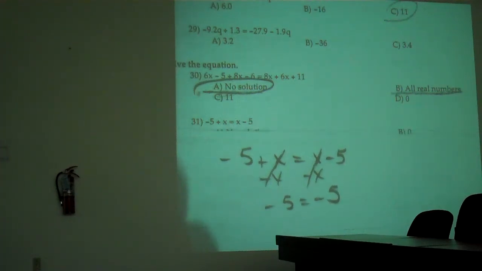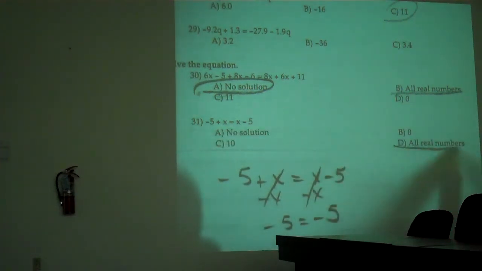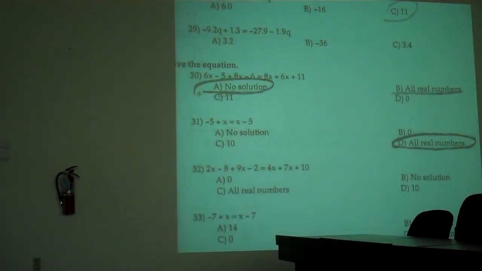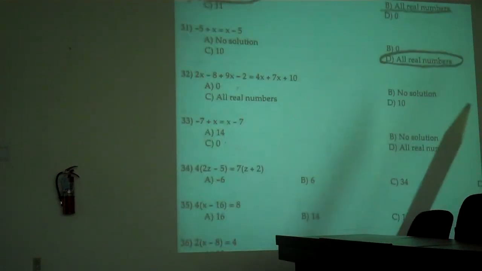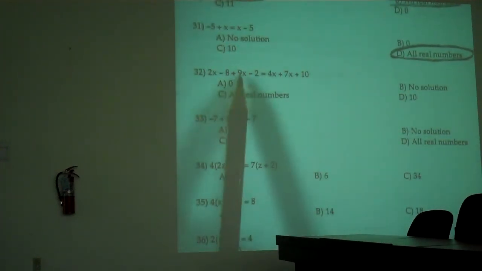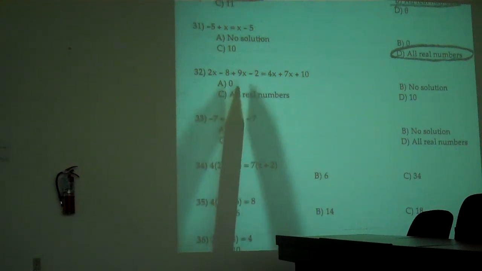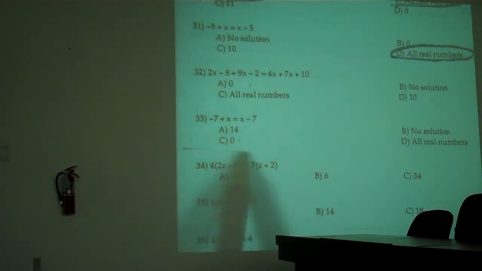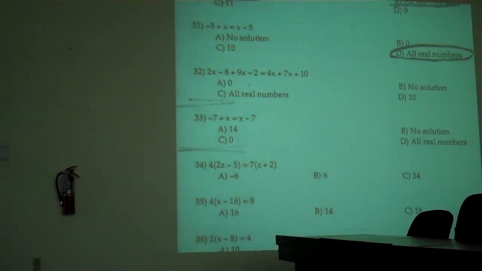All real numbers. So if the x's cancel out, you're going to either have all real numbers or no solution. So we have two more that will be like that. These two right here is going to be either an all real number or no solution for 32 and 33.